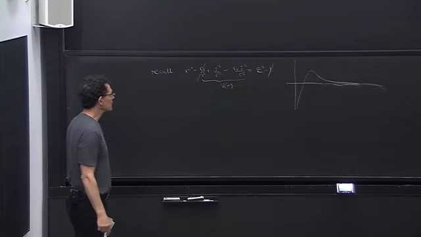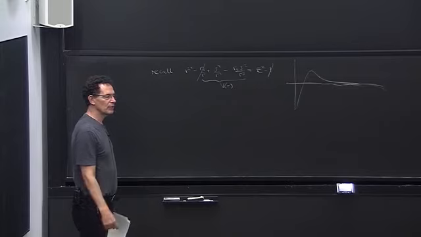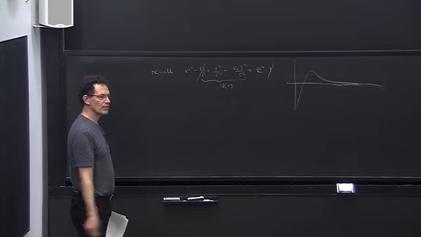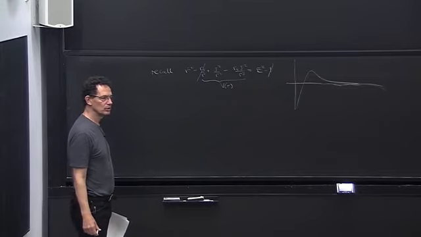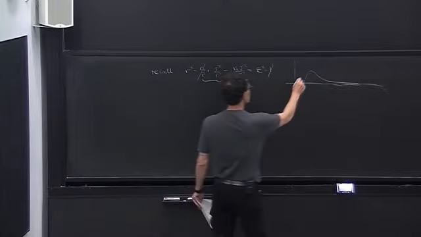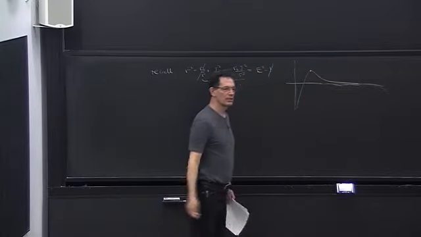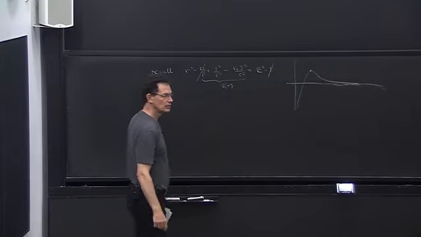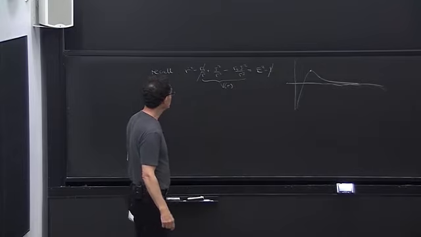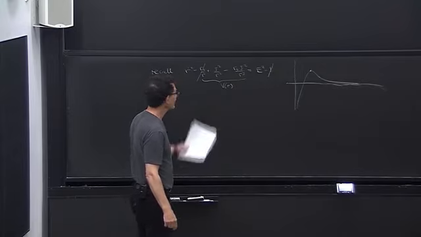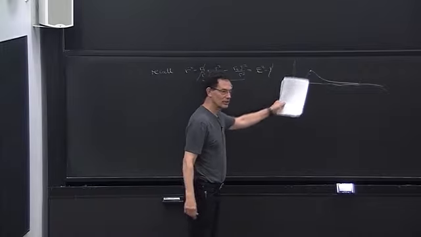Okay? So the question is, does a photon have a circular orbit around a black hole? Yes, and it's just here. And what's the radius? Not quite r_s. I calculate the maximum of this potential.